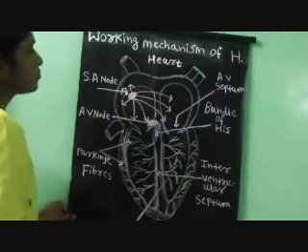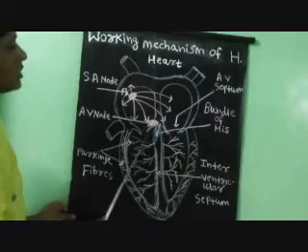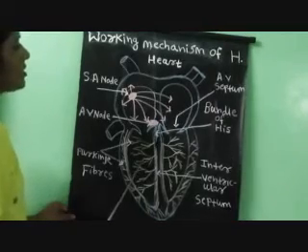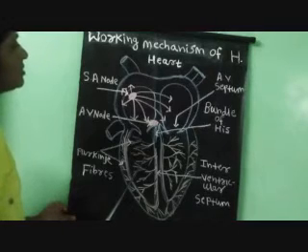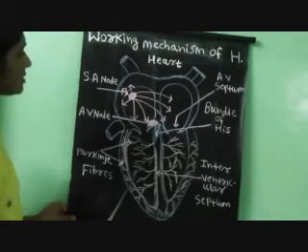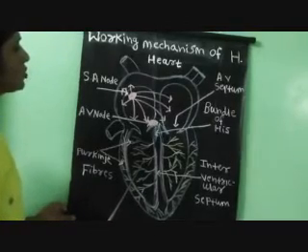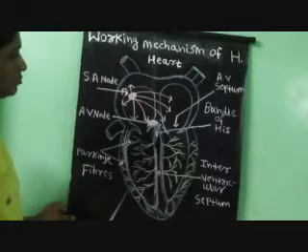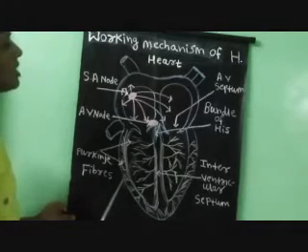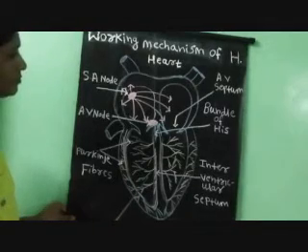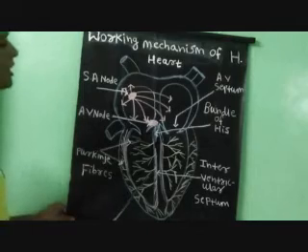Sometimes in the heart, these valves are defective, and hence an abnormal heart sound is produced in the heart, which is known as murmur, and this is known as the murmuring or hissing sound of the heart.